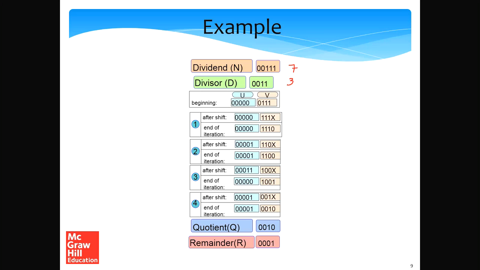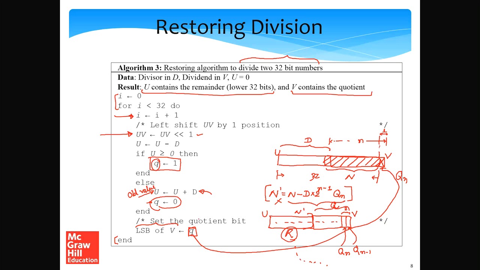We start our algorithm by loading the dividend in register V, which is 0111, and we load the divisor into the D register 0011. Subsequently, we will compute our results at 2 points. One is after the shift, which is this point, and one is at the end of the iteration, which is this point.